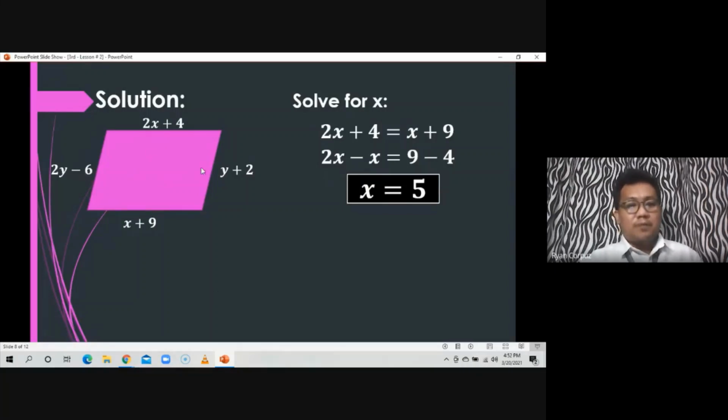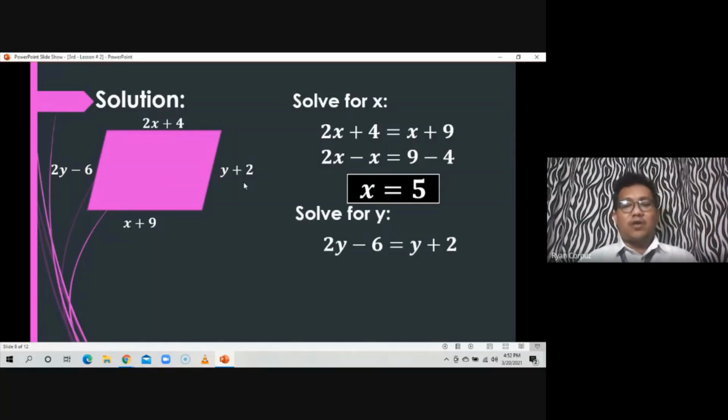So yung relationship ng dalawang sides na to, measurement na to is that they are also opposite sides of a parallelogram. And according to the first property, again, any two opposite sides are congruent. That means to solve for y, we have to also equate the two. So we do have 2y minus 6 is equal to y plus 2.